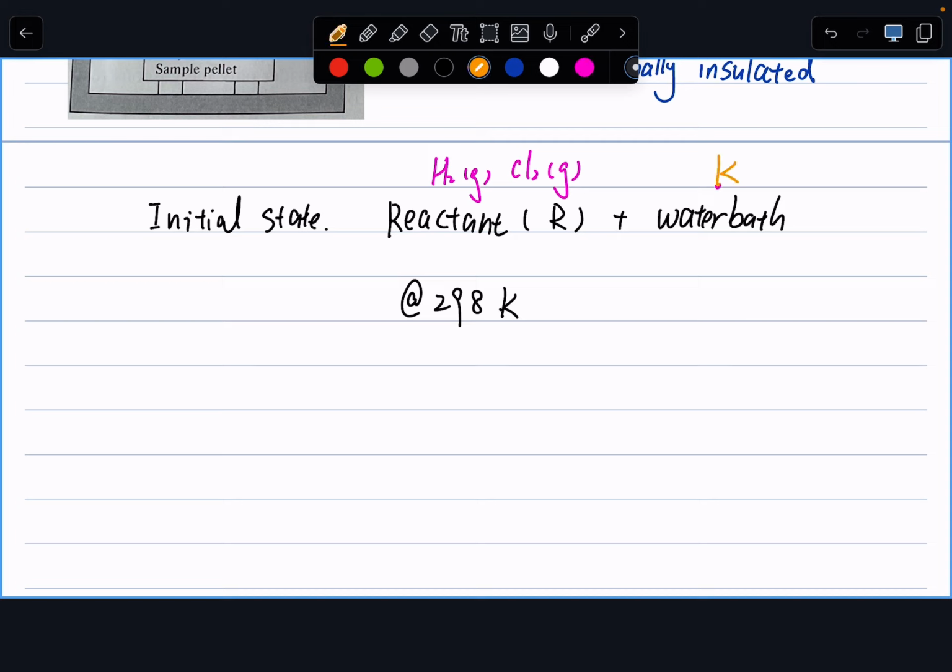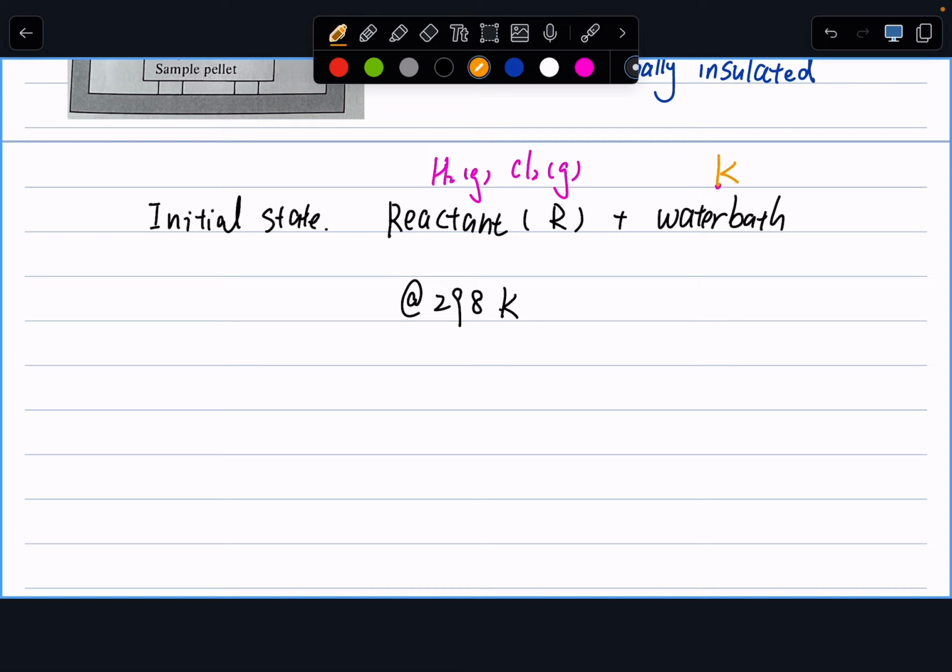What is our final state? Our final state here is having our product, which is HCl, plus water bath, but now at a higher temperature, 298 Kelvin plus delta T. Now, I say it's a higher temperature, but if it's an endothermic reaction, you can have a lower temperature.